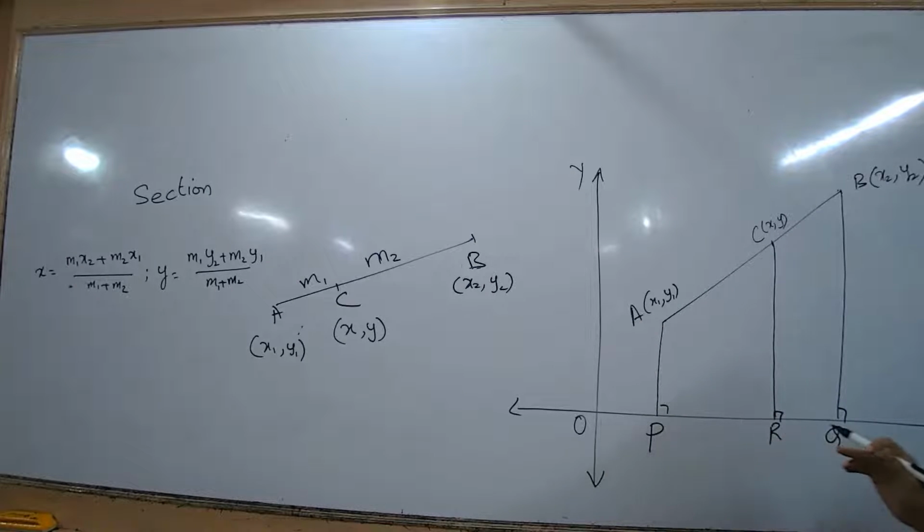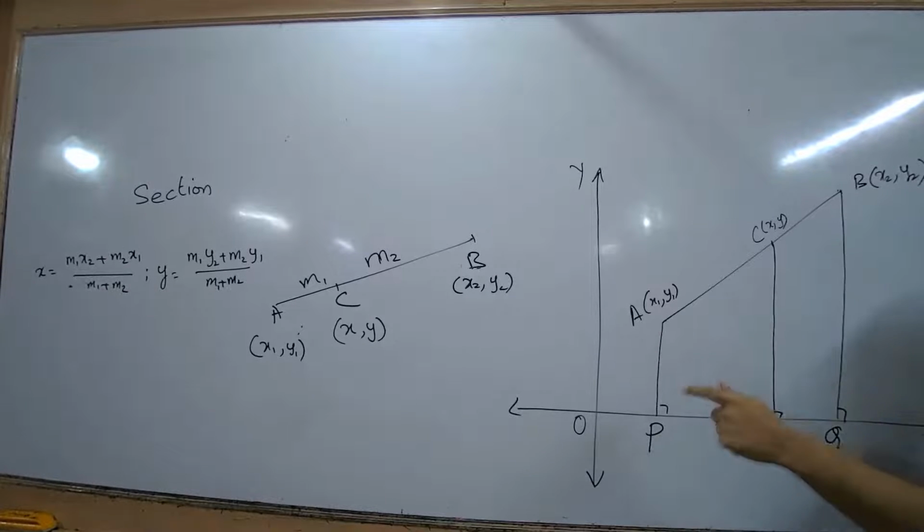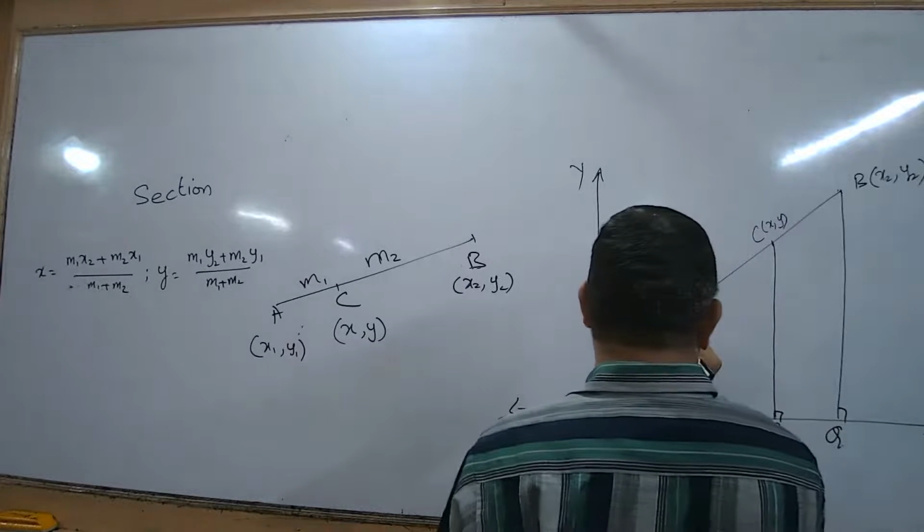All of you followed? Not followed means remember this one. Next, what is OR? x. What is RC? y. What is OQ? x2. What is PQ? This much is clear. I'm drawing some more perpendiculars.